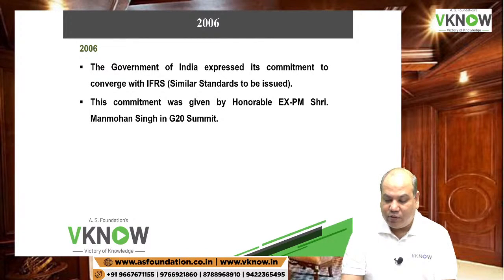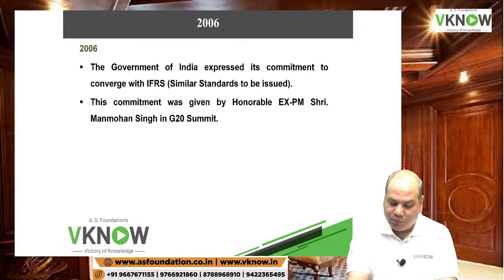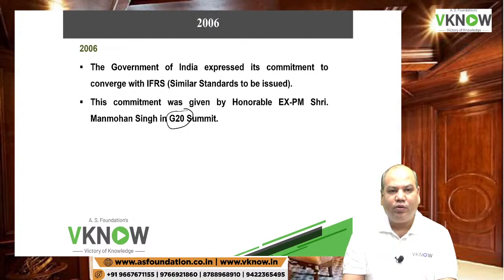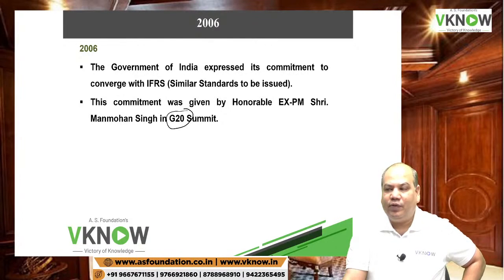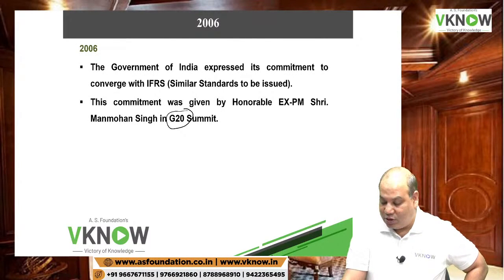This commitment was given by our Honorable ex-PM Shri Manmohan Singh at the G20 summit, the group of 20 countries. He had given the commitment there that India will also converge with IFRS, so that the world over they will have the same standard.